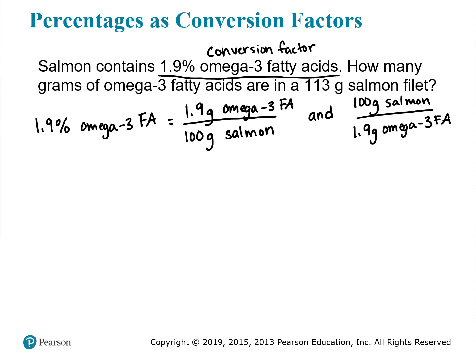So 1.9% means 1.9 out of 100. Does that help everybody else out? Does that make a bit more sense? Because we're not done. We didn't solve the problem yet. We just wrote out our conversion factors.